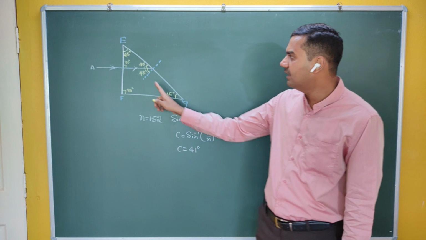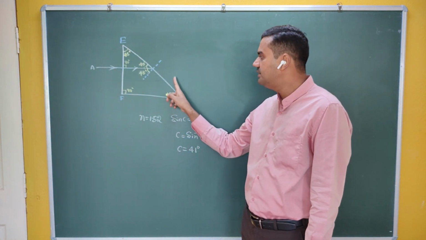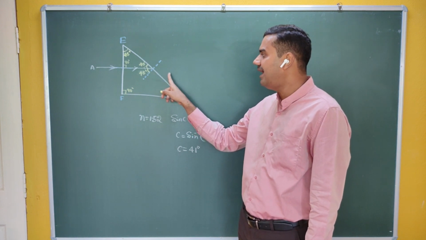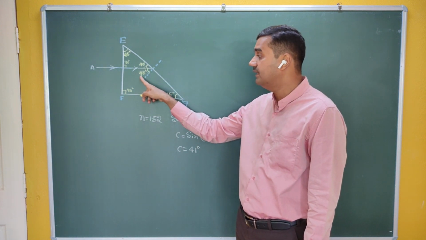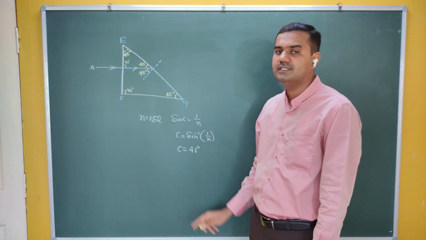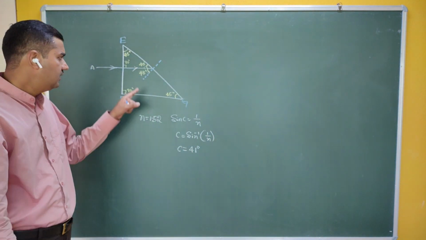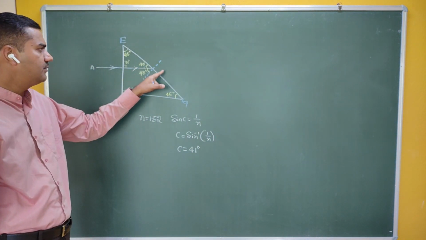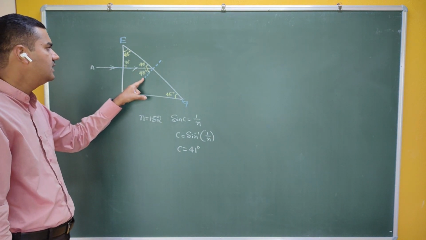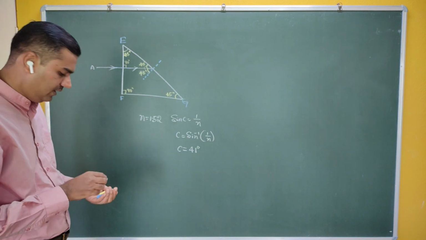Therefore, the angle of incidence on the surface EG, which is the interface between the denser medium and rarer medium, is 45 degrees, and this angle is greater than the critical angle. Light wants to travel from the denser medium to the rarer medium, so condition number 1 is satisfied, and the angle of incidence in the denser medium is greater than the critical angle.